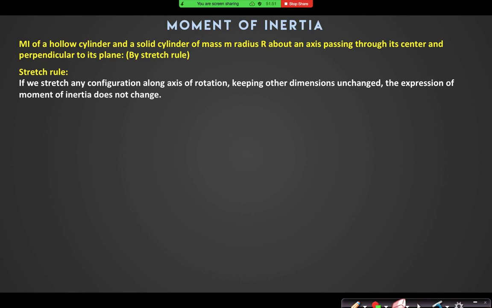If it also changes, then you are not adding similar types of structures, and the stretch rule is not valid. Applications of the stretch rule are rare, but you can apply it. Basically, the stretch rule is nothing but addition of similar structures along the same axis. That is the stretch rule.